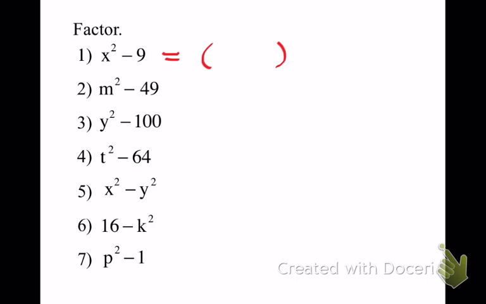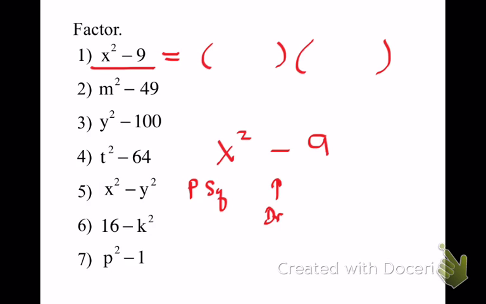If it is not a difference of squares, it cannot be factored. So it has to look like this, where you have a perfect square, a different sign, and a perfect square.